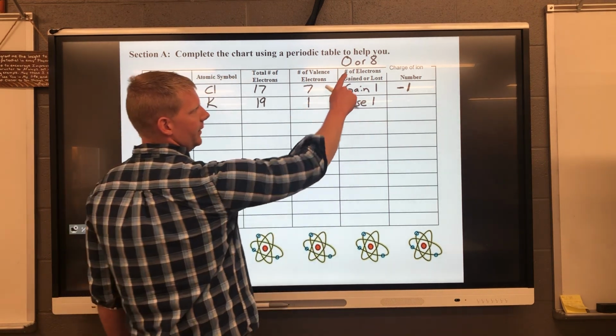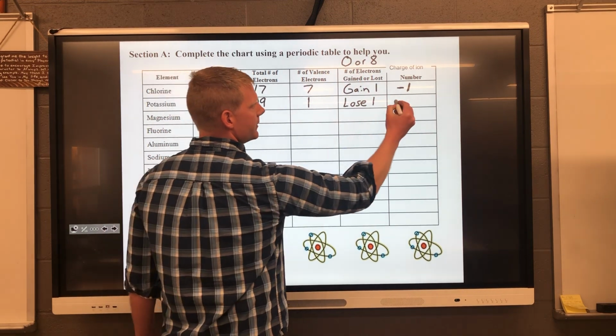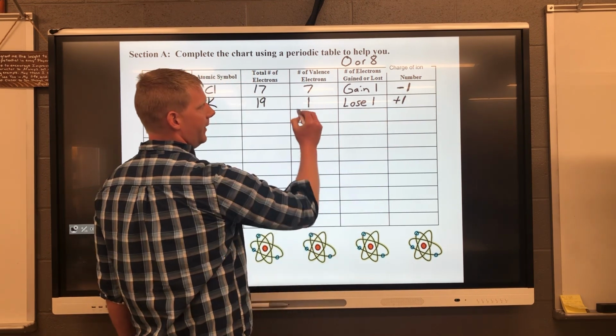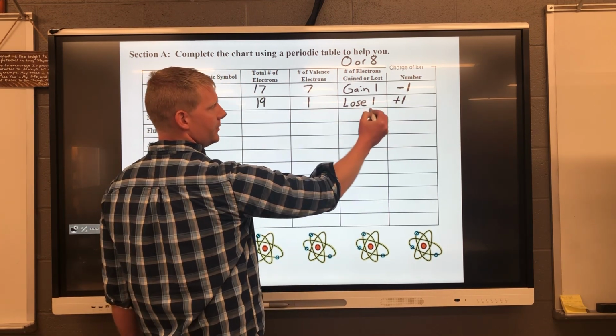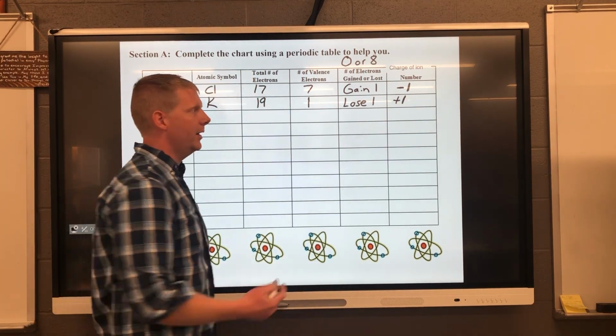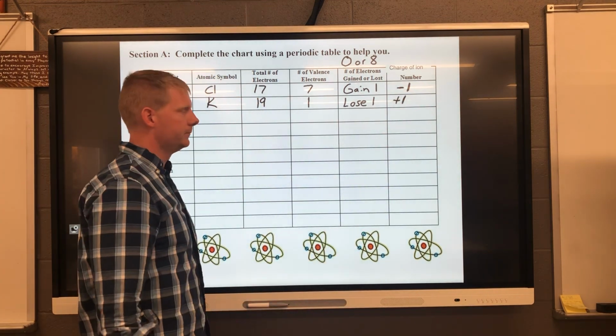Because again, it's going to 0, 8, which one's closer? 0, it has to get rid of that 1, so in this case, it's going to form a positive 1. Now if I had like 3 electrons and I lose 3 electrons, this would be a positive 3. So the number of electrons gained or lost is going to tell you that number.